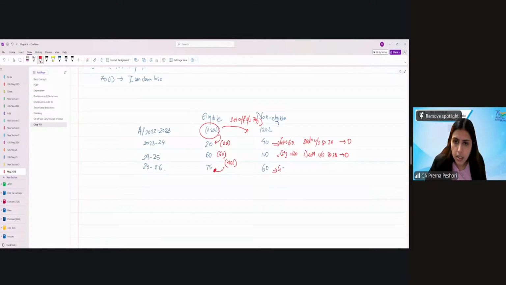In this year, it will be 25 plus 60 minus ATIA. So my GTI will be 60. I hope this is clear, Samnathan.